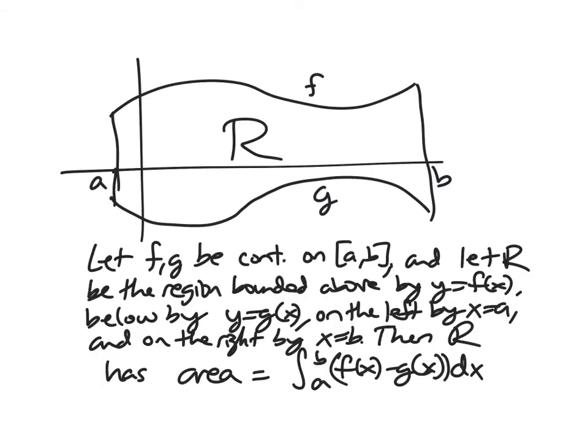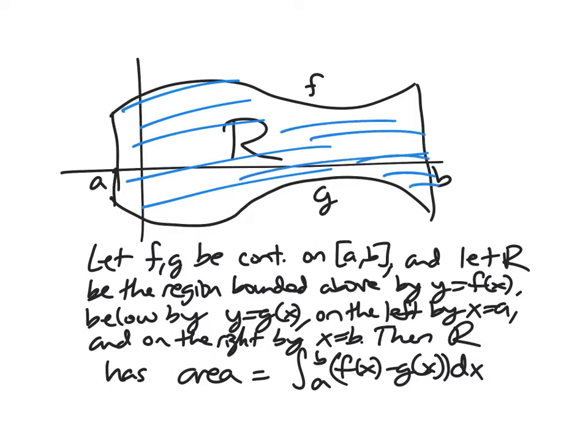This is the more formal way to say this, and you actually don't care if they're both above the x-axis, so that's why I drew g below here. So if we call this region R, the thing bounded on the left by a, on the right by b, above by f, and below by g, which I've shaded in blue here, then its area is always the integral from your left bound to your right bound of the top function minus your bottom function.